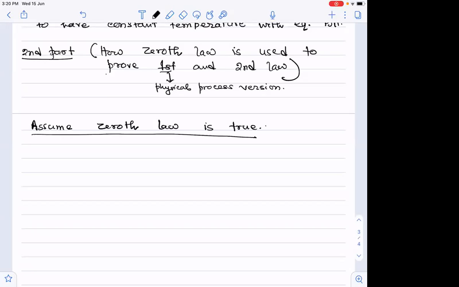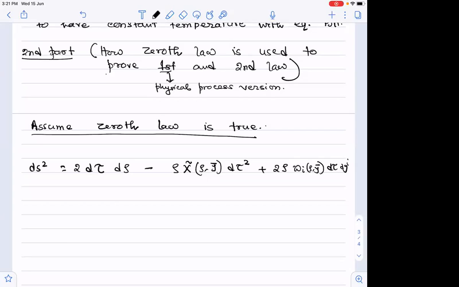So the metric that I just wrote is of this form, with X tilde squared.